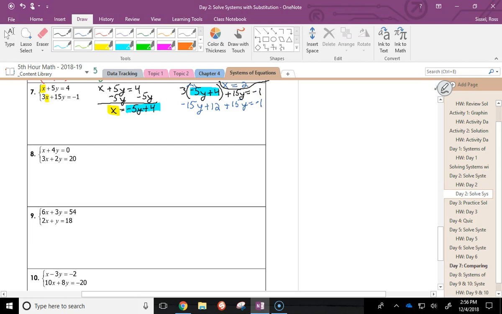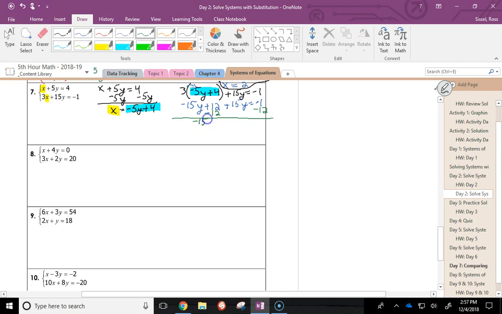I'm going to switch colors. Minus my 12. And I'm doing that even though I know I have like terms with y's. I don't like seeing them spaced out, so I'm just going to get rid of my constant. I'm going to have to do it anyways.